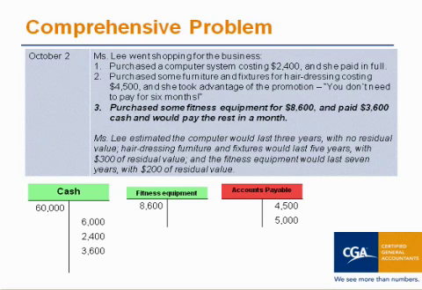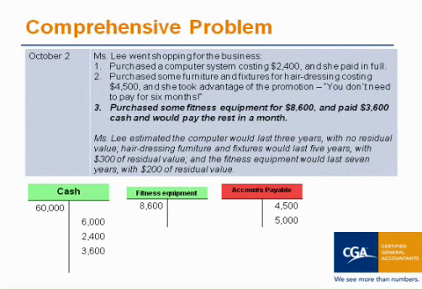We also have to recognize that we've increased our fitness equipment account, another asset account, by $8,600, so we'll debit fitness equipment by $8,600. $8,600 minus $3,600 leaves a liability to be satisfied in the future of $5,000. There's still $5,000 owing on this equipment, so we'll credit accounts payable for $5,000. 8,600 minus 5,000 is 3,600, everything balances.